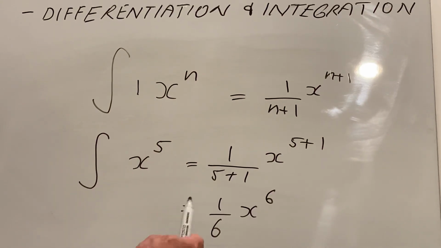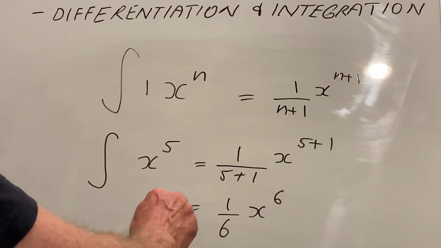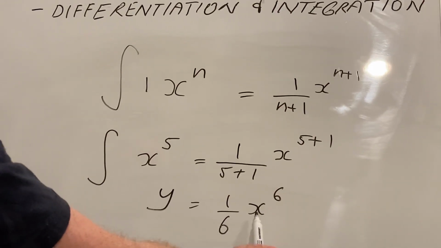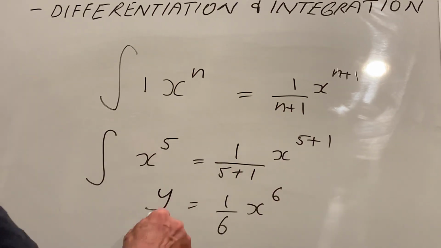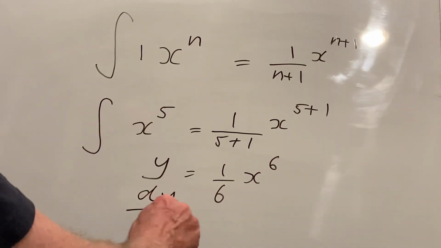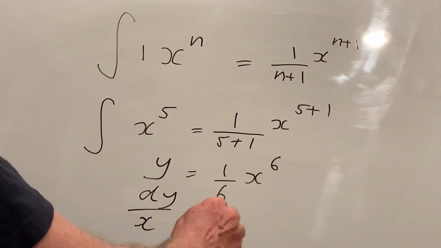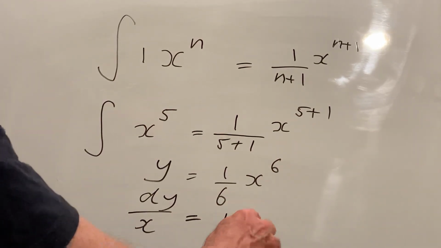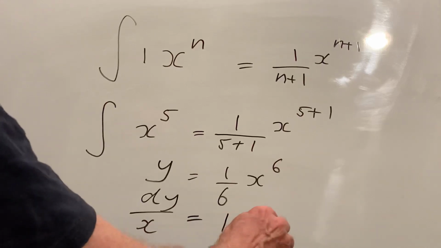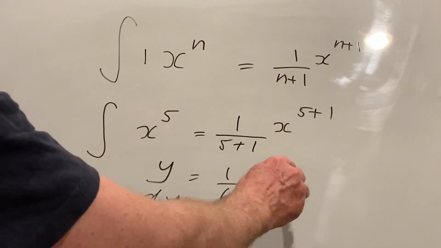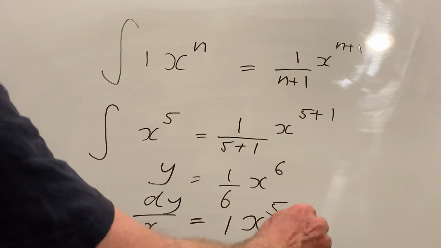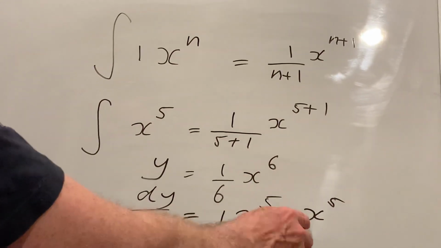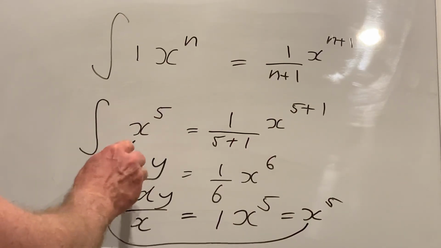If we said y equals 1/6 by x to the 6th, and I said differentiate it, you'd know dy/dx equals 6 times 1/6, which is 1, times x, and 6 minus 1 is 5, which equals x to the 5th. So you can see you've circled all the way back to there.